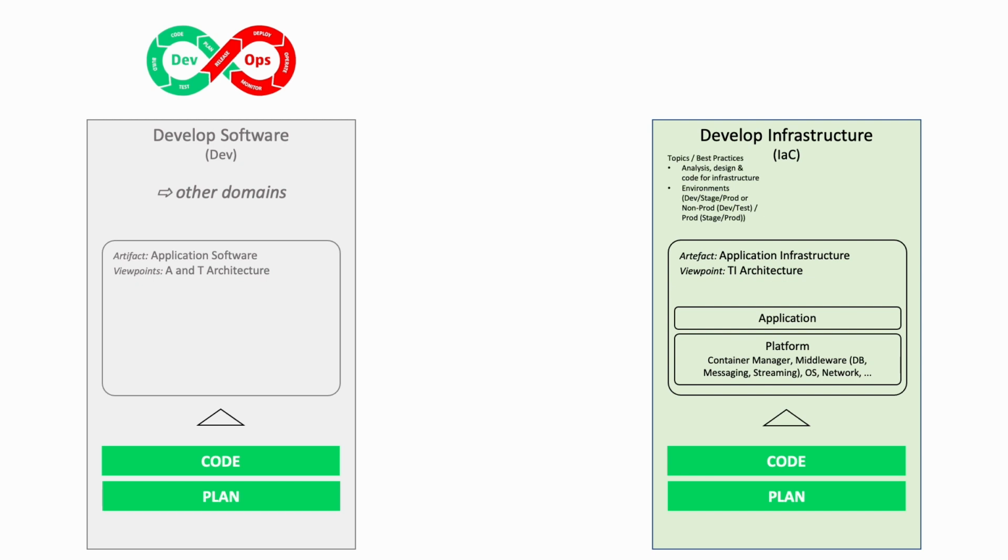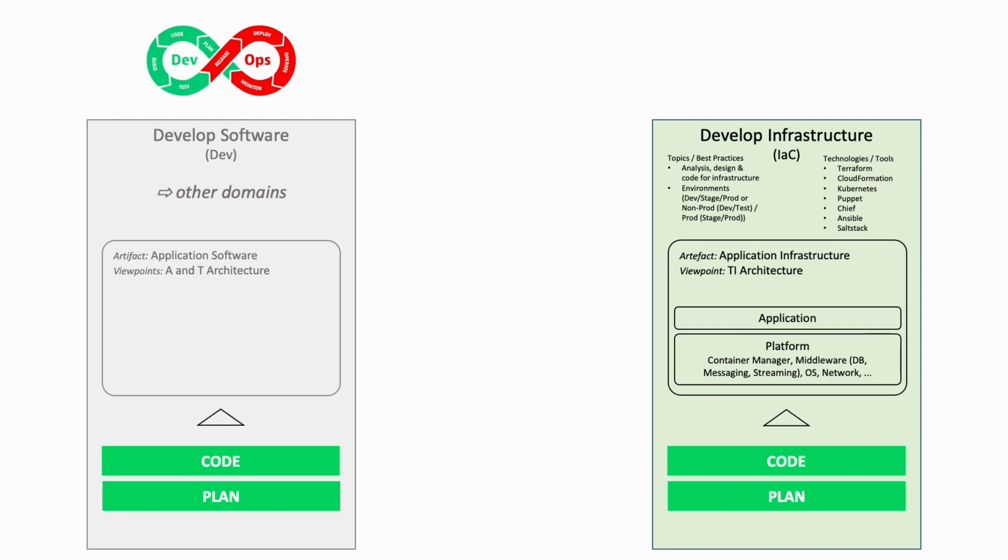Interesting topics in this area, for which there may also be relevant best practices, are, for example, those for engineering activities analogous to the software side, for example, how to write good infrastructure code, or the topic of providing different environments, for example, for dev, stage, and prod, and what has proven successful in this. As for the common technologies and tools in this task area, we are talking about the languages like Terraform or CloudFormation, container managers like Kubernetes, and CM tools like Puppet, Chef, Ansible, or SaltStack.